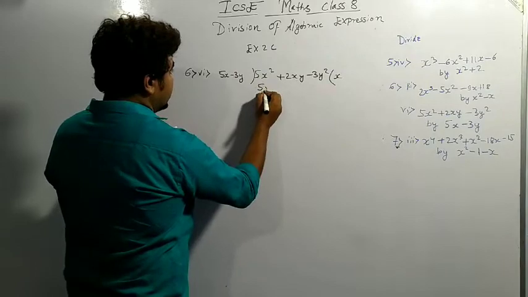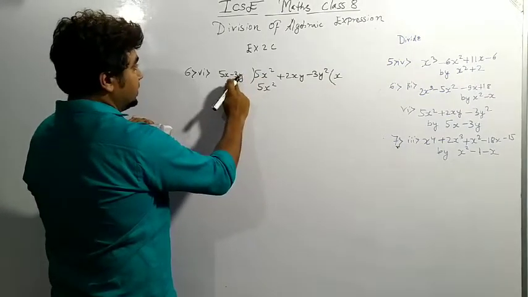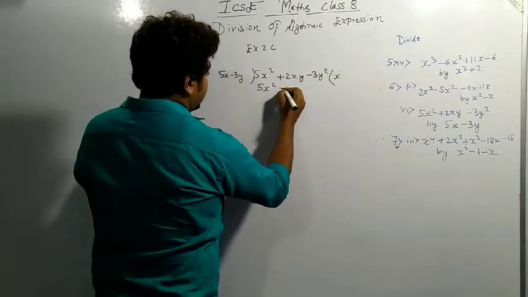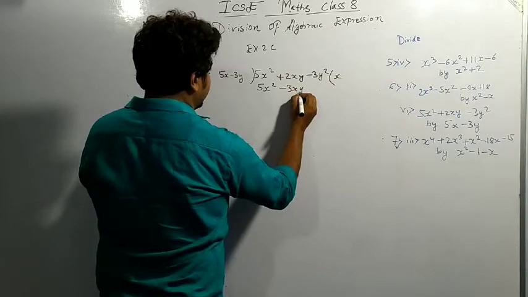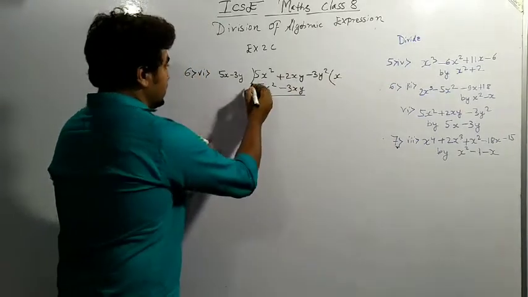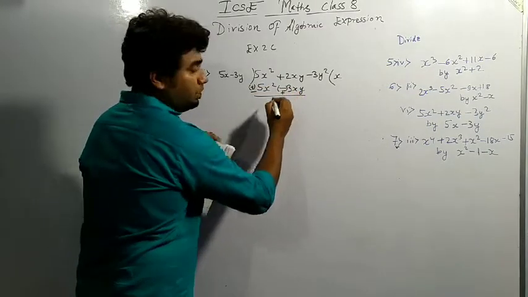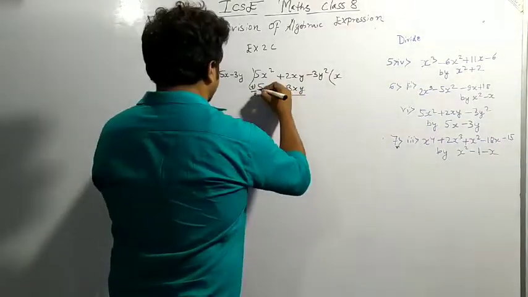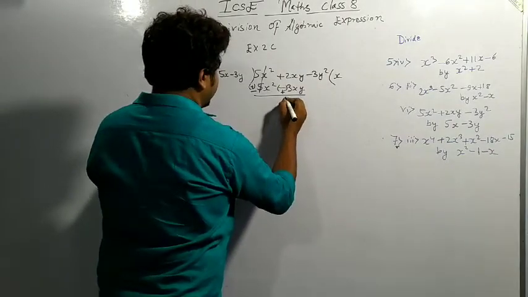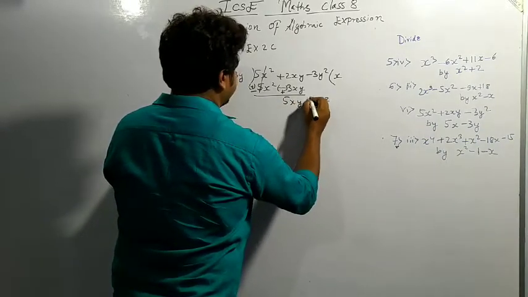Our first requirement is to cancel the first term, 5x square, and x into minus 3y is becoming minus 3xy. Again we know that we will be changing the sign from here. This plus will become minus and this minus will become plus. So this is getting cancelled. 3xy plus 2xy will become 5xy, and this is minus 3y square.